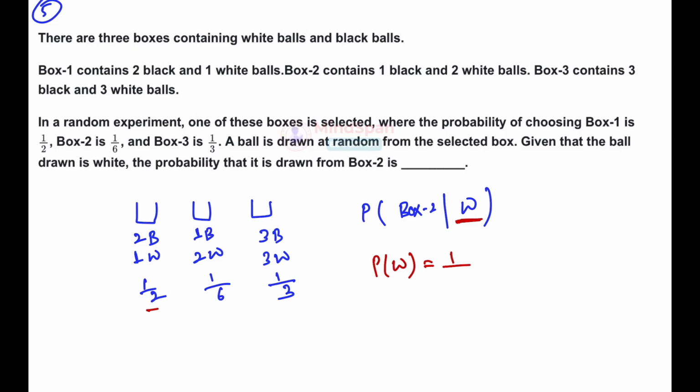Maybe the first box has been selected with the probability half, and if this has been selected, then getting the white ball has the probability 1 divided by 3, plus maybe we have selected box 2 and getting the white ball from box 2 has the probability 2 divided by 3, or maybe we have selected box 3 with the probability 1 divided by 3 and selecting the white ball from box 3 has the probability 3 divided by 6.